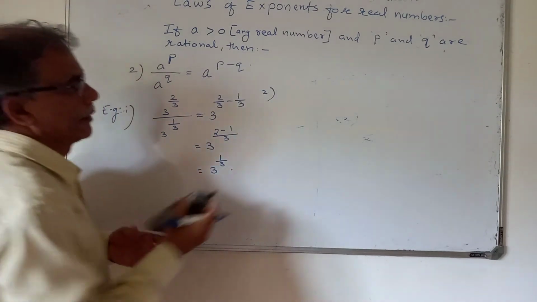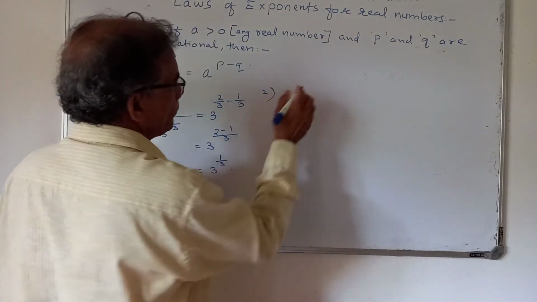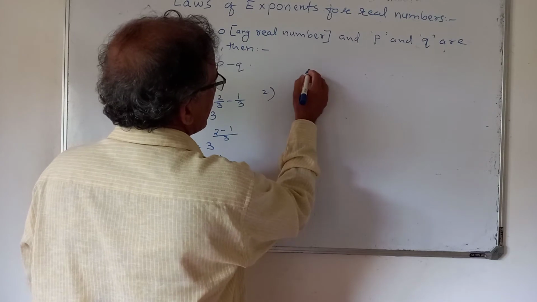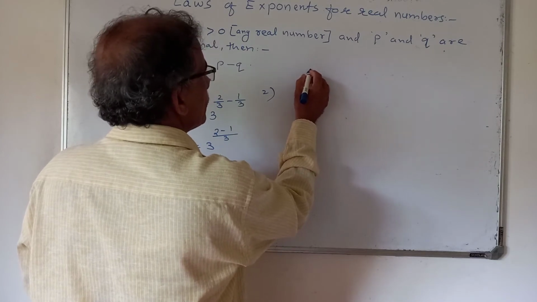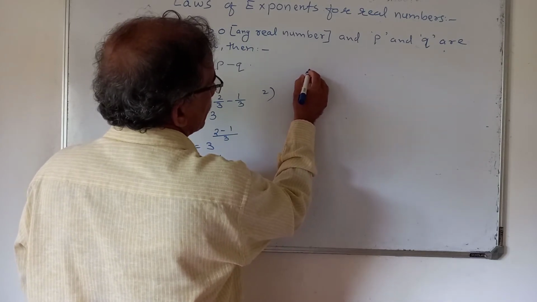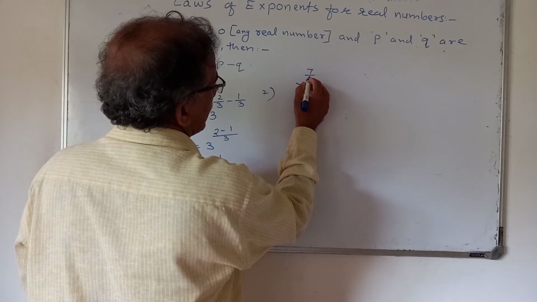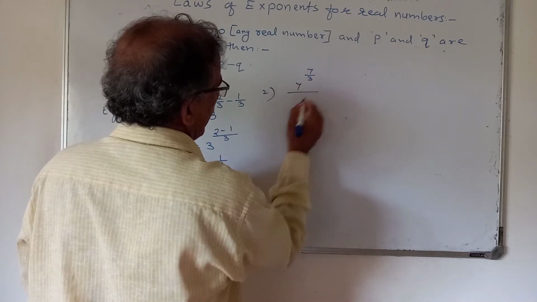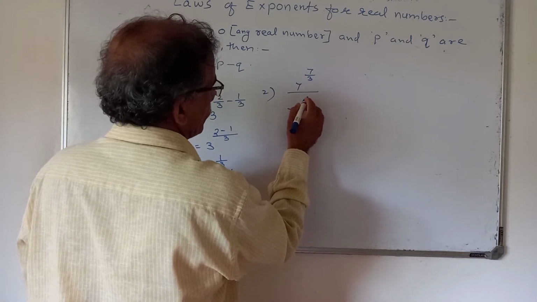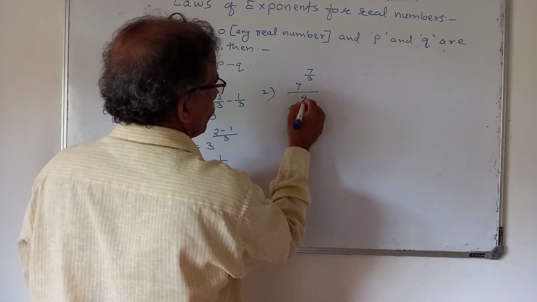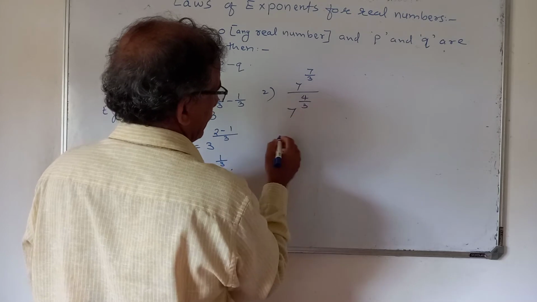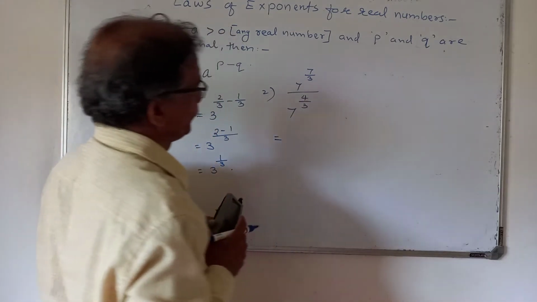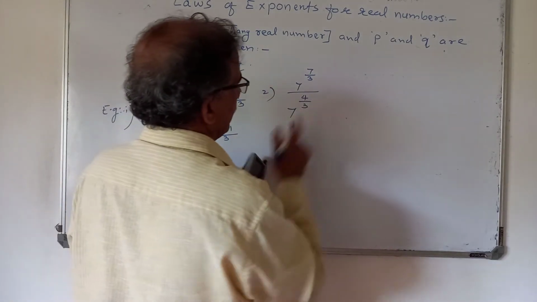Second example I shall give you. 7 raised to 7 by 3 divided by 7 raised to 4 by 3 is equal to... I shall write it here.